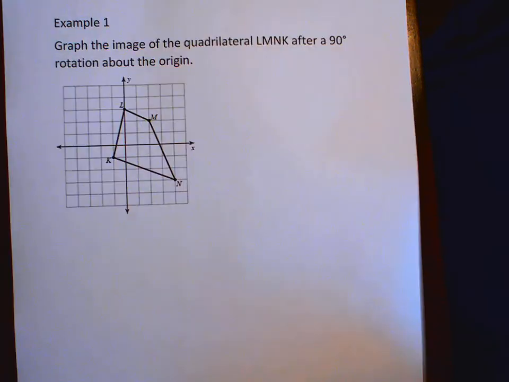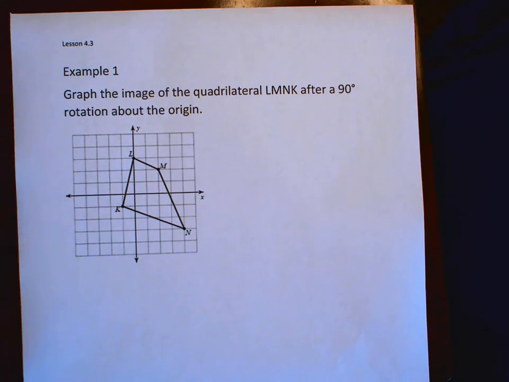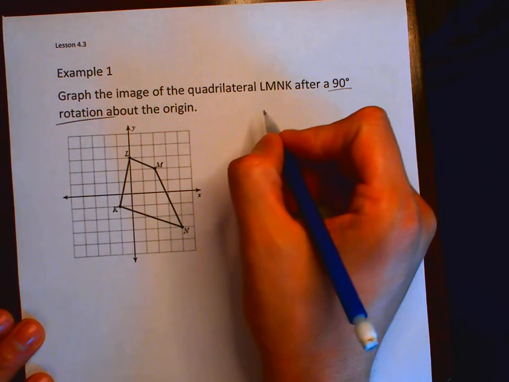Okay, example number 1. Now, some of these examples are not from the book, okay, just FYI, mainly because there's been a couple of changes with what we're going to teach you guys. So example 1 says, graph the image of the quadrilateral LMNK after a 90-degree rotation about the origin. So first off, identify. They want a 90-degree rotation.